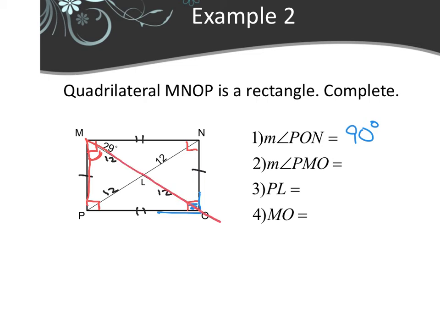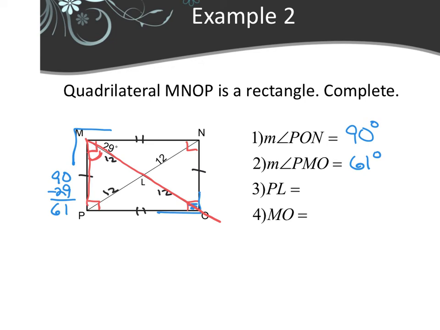So what I need to do here is, if I realize that the original big angle here is 90, I'm going to do 90 minus 29, and PMO is 61.